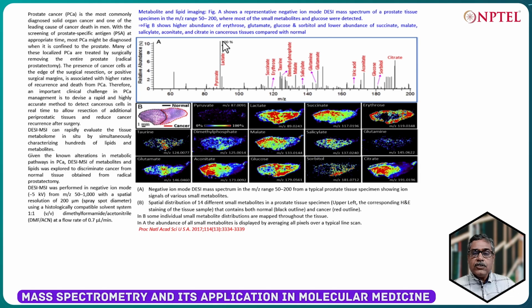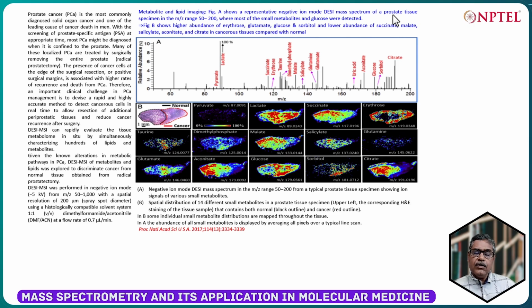Now, what is the basis of this? I will come to explain these tissues. The metabolite and lipid imaging is the main point that we are addressing here. This figure shows a representative negative ion mode DESI mass spectrum of a prostate tissue specimen in the range of 50 to 200, because we don't need to go till 1000.